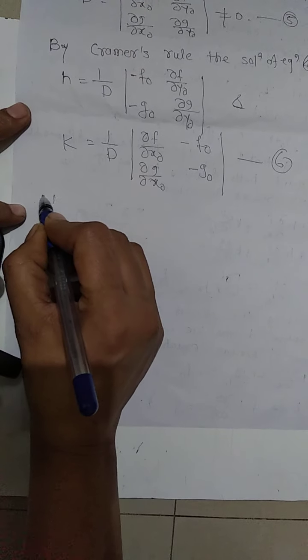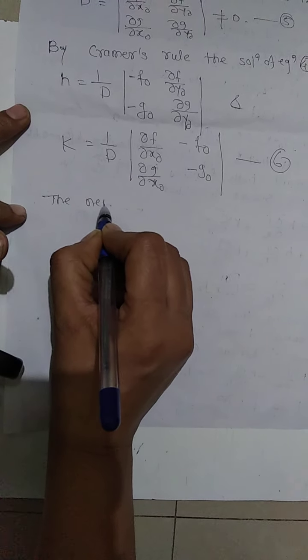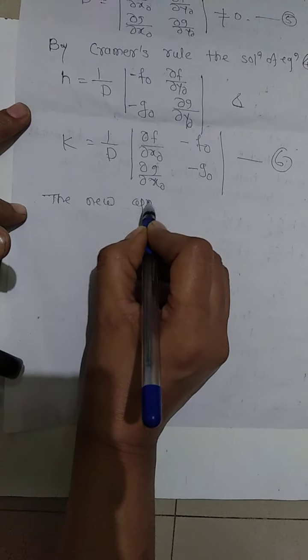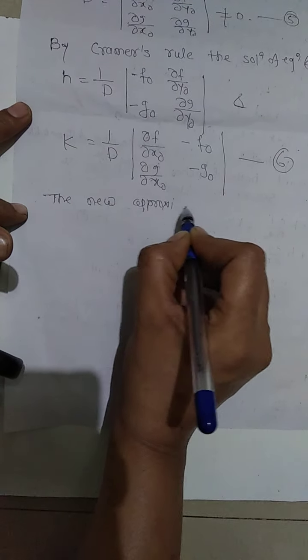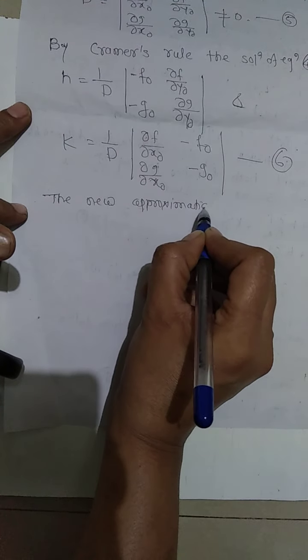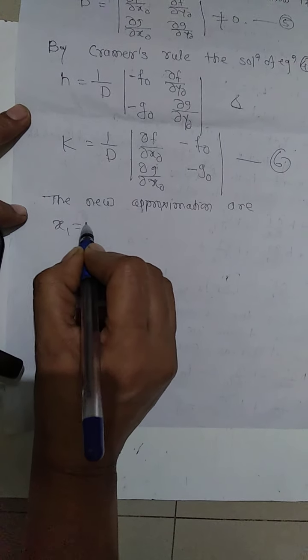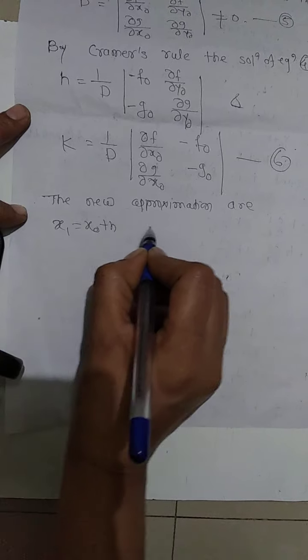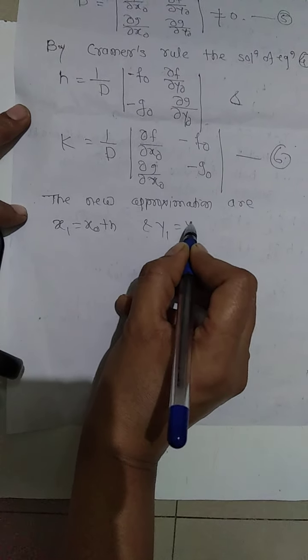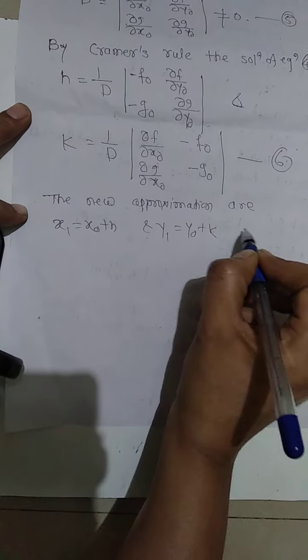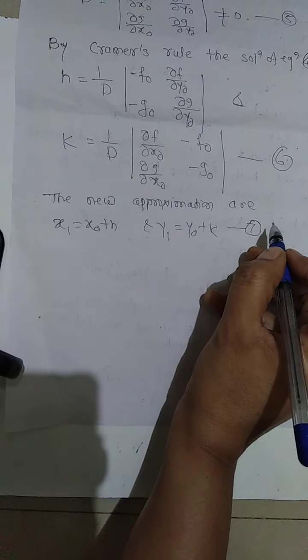The new approximations are x1 equal to x0 plus h and y1 equal to y0 plus k. That is equation number 7.